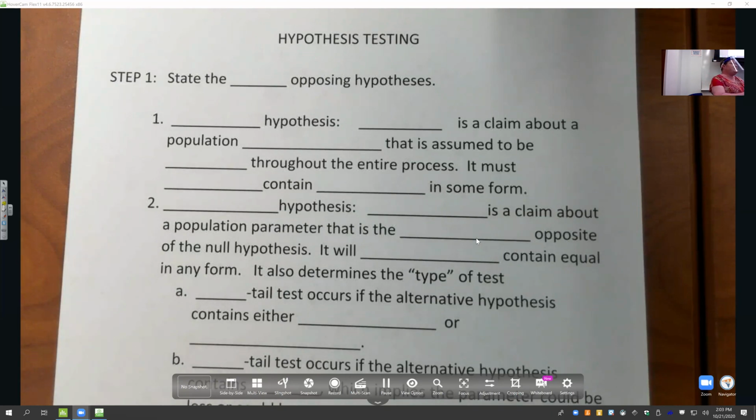Probably all of you at some point hopefully have experienced a lab within a science, whether it be chemistry or biology. And oftentimes what you want to do before that is you state a hypothesis. You provide an educated guess about what you think is going to happen during that experiment.